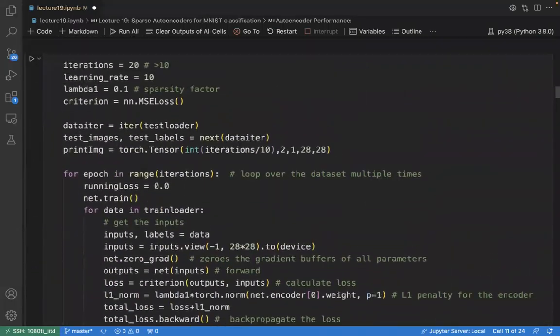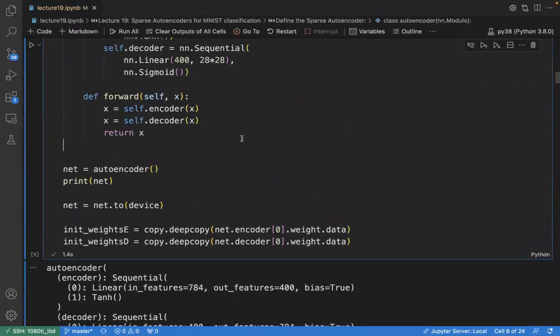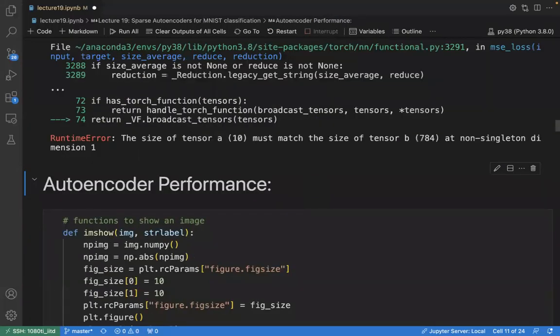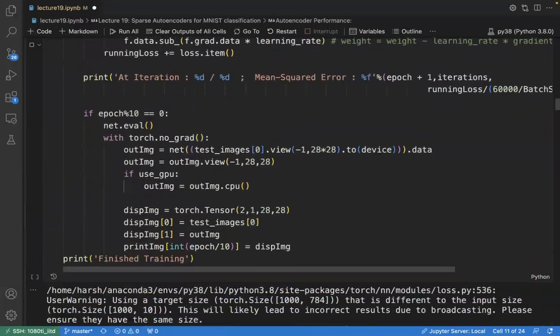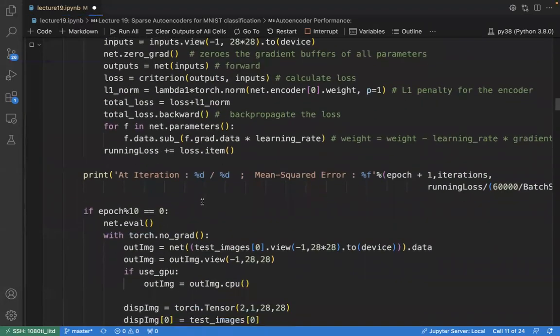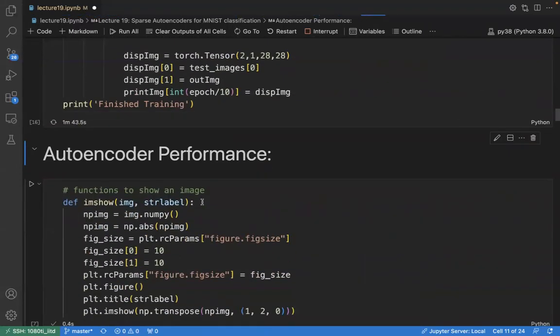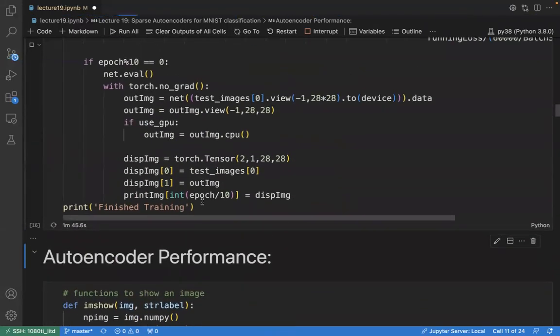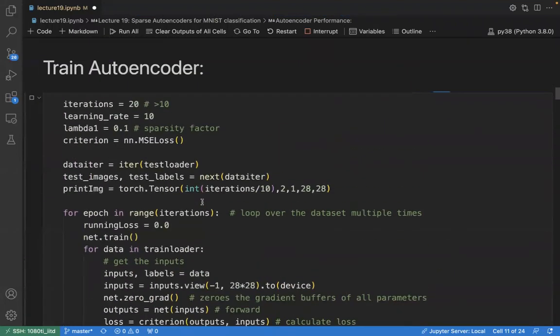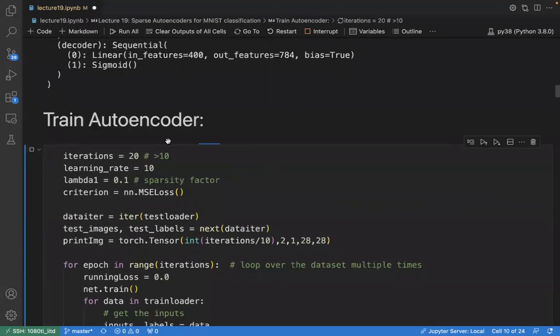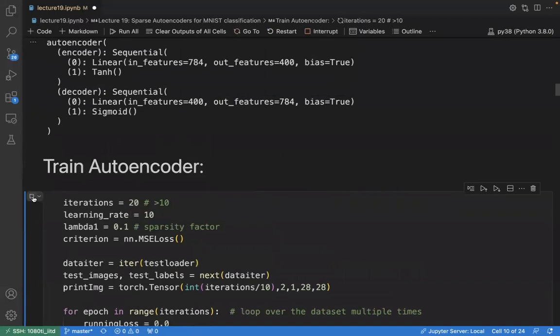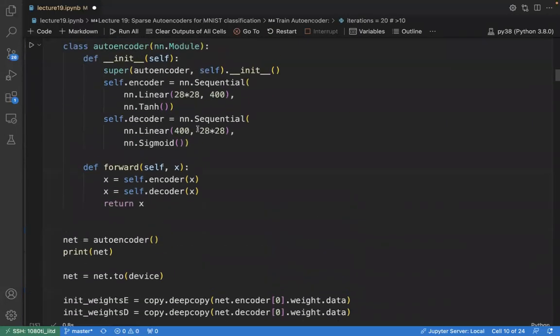Okay, so it is now giving an error. Let me increase the iterations now and see.